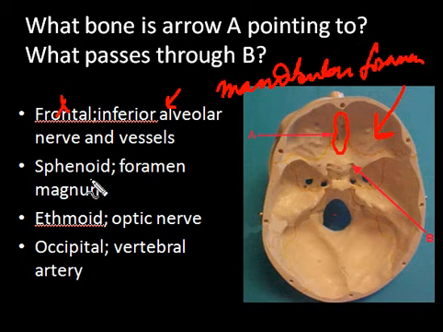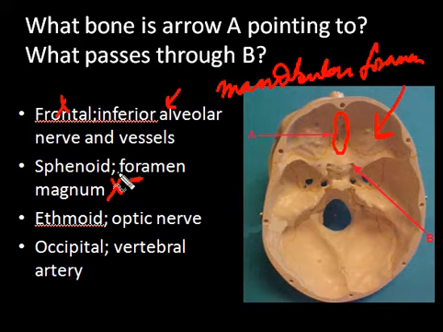Now let's look at the second one, which says sphenoid, and then it says what passes through B, and it's foramen magnum. So there itself you can right away say no to this, because foramen magnum is an aperture, a foramen. So we are asking what passes through it. Here it's not telling you what passes through it, instead it's naming a foramen.